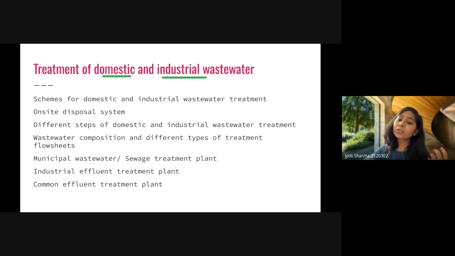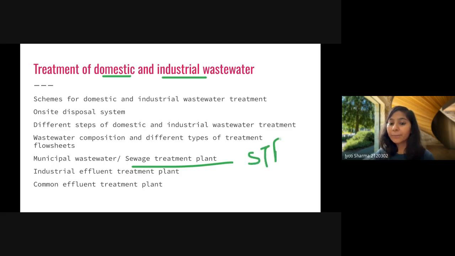Yes, we have to take some steps to treat that water, and we have a unit that is known as the treatment unit. This treatment unit may be a sewage treatment plant, known as STP. If it is coming from the industries, then it will be ETP, the effluent treatment plant.